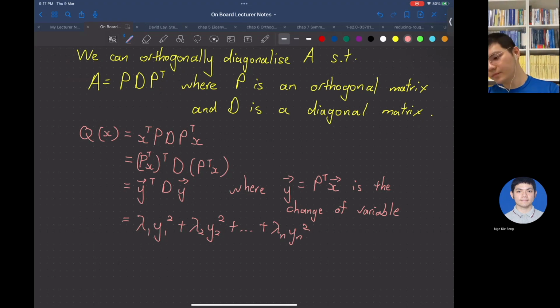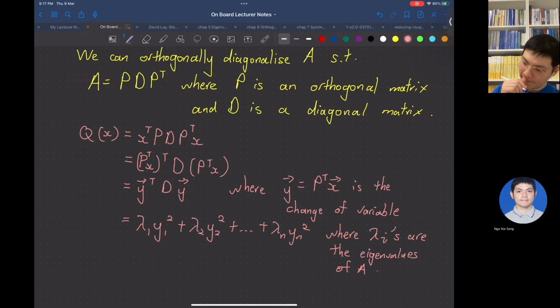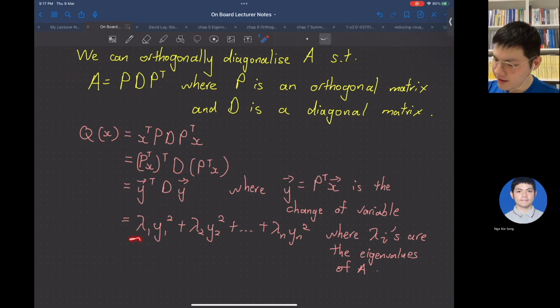Okay, where the lambda i are the eigenvalues of A, right? So you could see that the eigenvalues will basically control the value of Q(x), since y1 squared, yi squared are always positive.